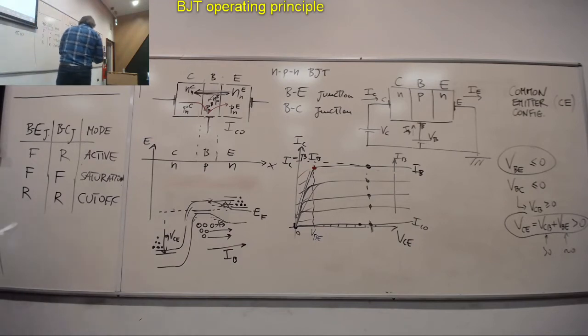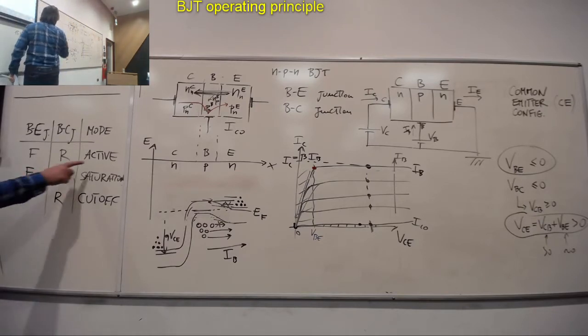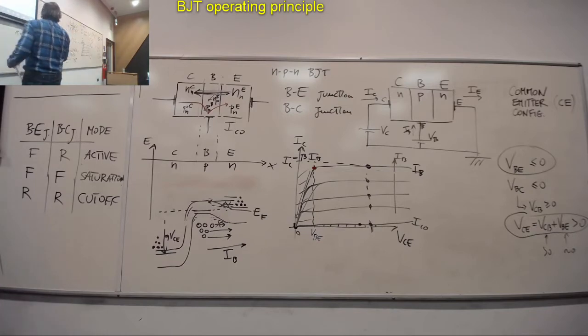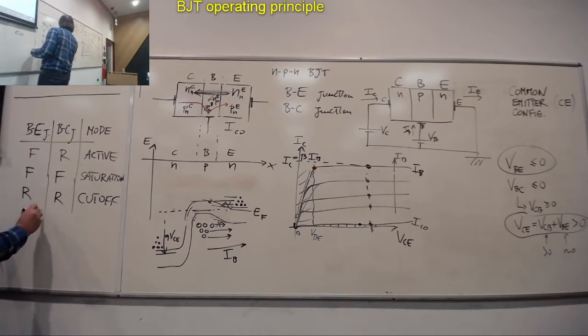Okay, the final mode is more just to complete things rather than the real use of it, because it's just the mirror of the active mode. So the last mode is the inverted mode, which is where the BE junction is reverse biased, and the BC junction is actually forward biased.